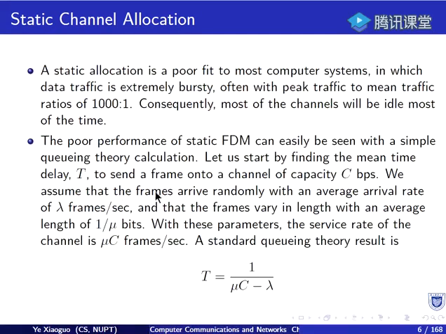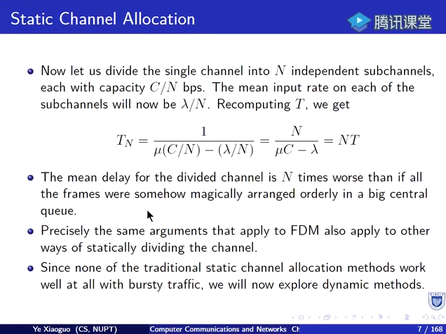Since the average arrival rate is lambda frames per second, and now the single channel is divided into n independent subchannels, so the rate of each subchannel will now be lambda over n, right?